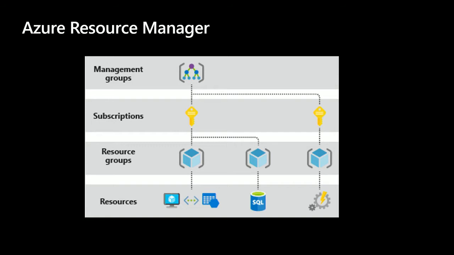So we had management groups or tenant at the top level, then beneath that the subscriptions, beneath the subscription resource groups, beneath the resource group resources, which allowed us to granularly apply access and control. It gave us more options.